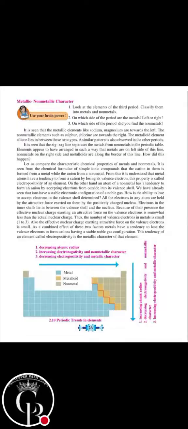This is called electronegativity. As a result, the tendency of an atom to lose valency electrons decreases within a period from left to right. Electronegativity increases, thus the non-metallic character of elements increases within a period from left to right.